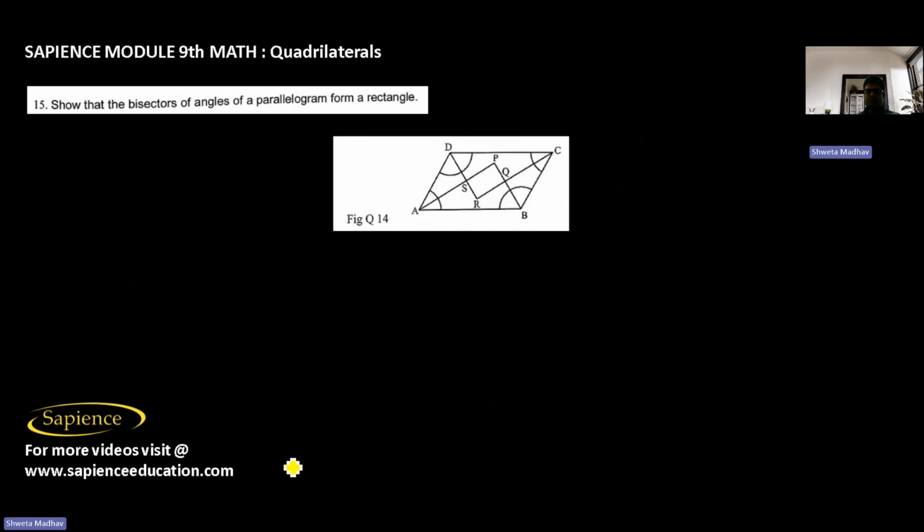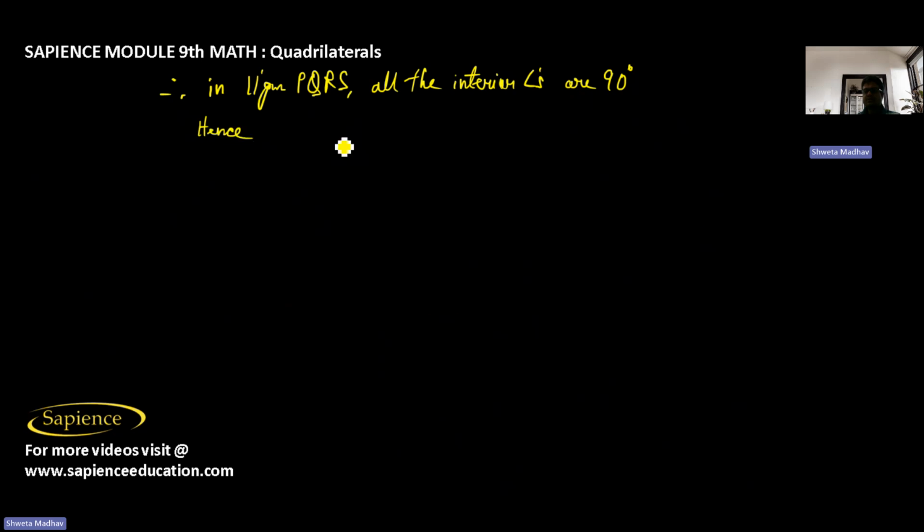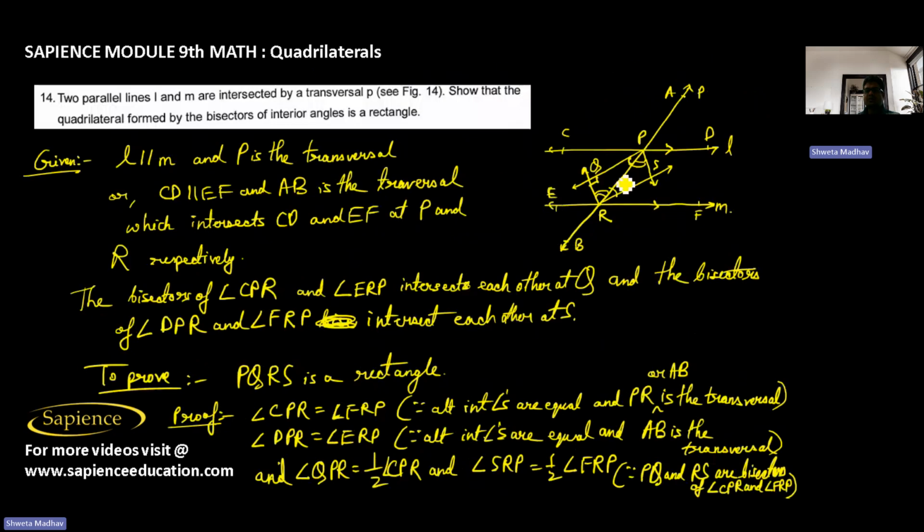Therefore we can say that in parallelogram PQRS, all the interior angles are 90 degrees. Since we have shown that angle Q is a right angle, the opposite angle S will also be a right angle, since it is a parallelogram.